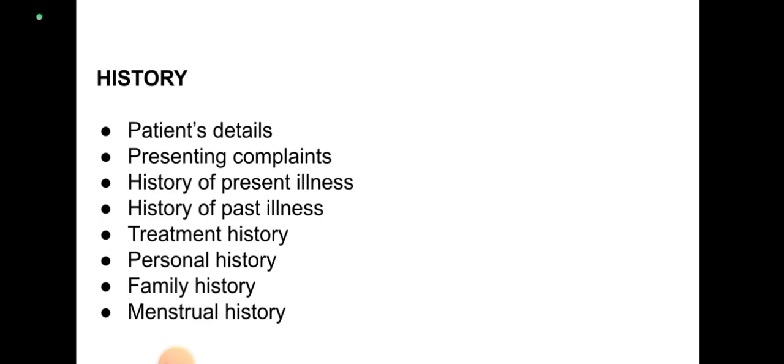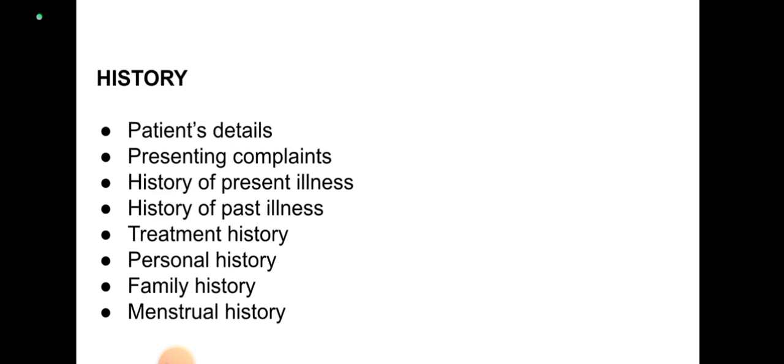This is the standard format used for history taking, in which we firstly ask the patient about their name, age, sex, marital status, occupation, and address. These patient details are very important for medico-legal as well as communication purposes.